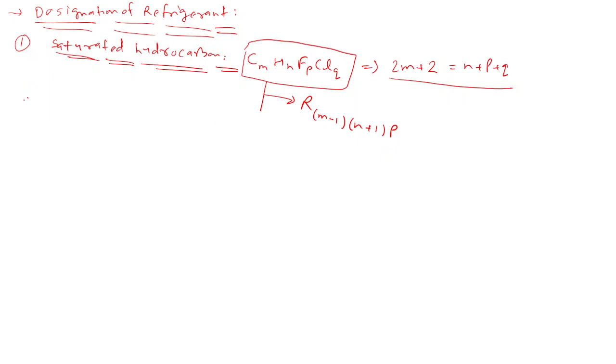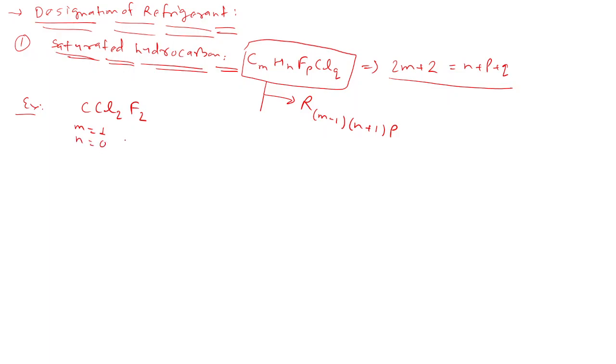So quickly we see one or two examples, like CCl2F2. Here, what would be the value of m? 2, sir? Why 2? M would be 1 here. What is n? n would be 0.